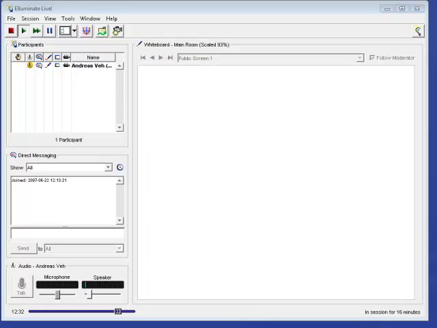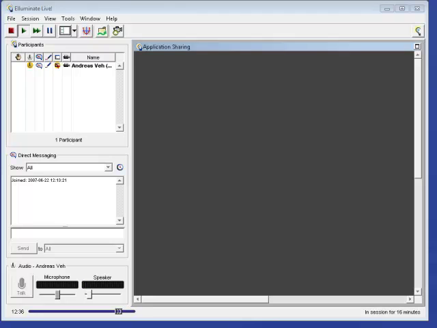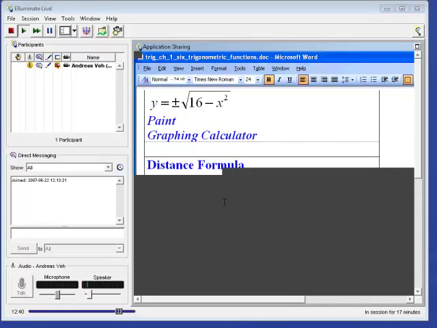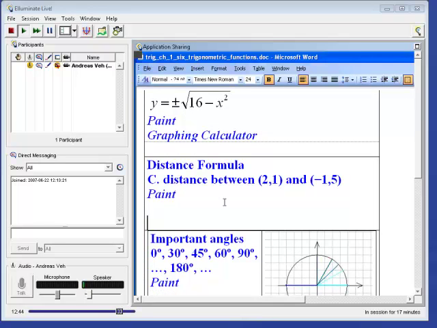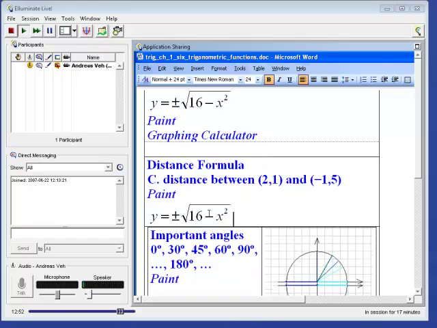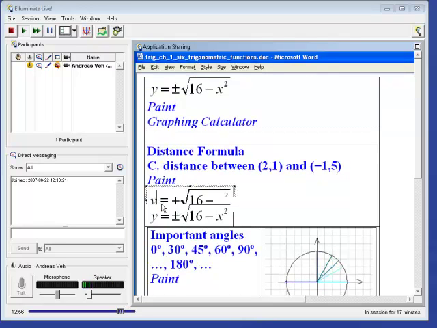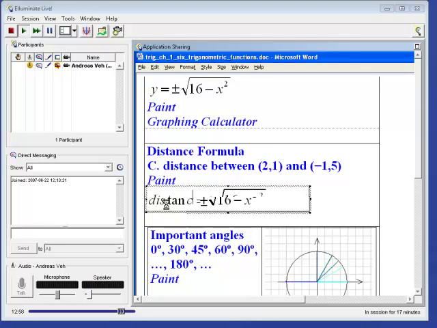And I'm going to go back to Word. So the distance equals the square root. I think I'm just going to use this one here. I like to copy and paste these things here because it's really quicker for me.